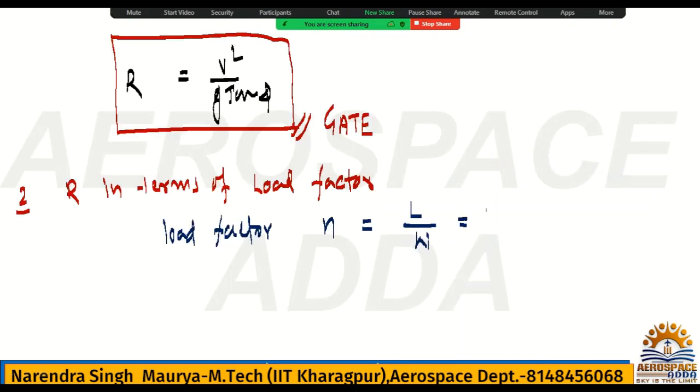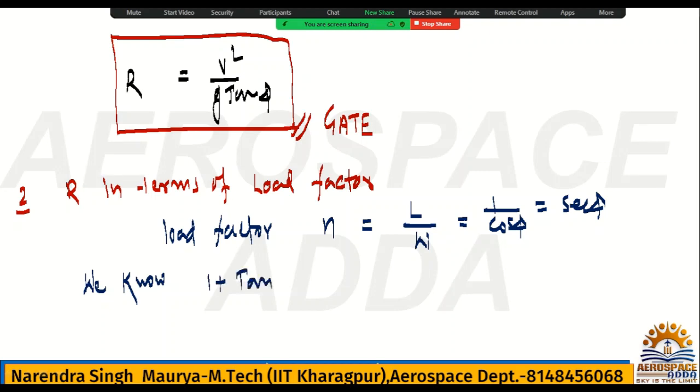So right here, sec phi. Check tan phi and sec phi, any trigonometric relation? You know? Yes, there is a relation. What is the relation? We know 1 plus tan square phi is equal to sec square phi.